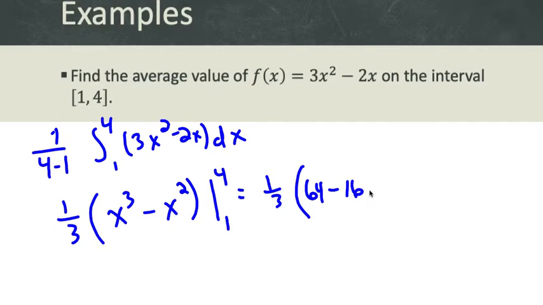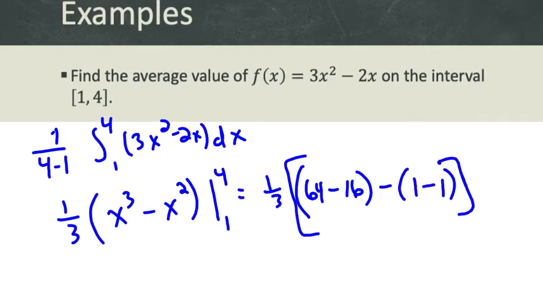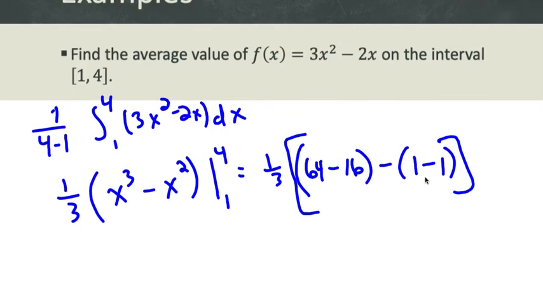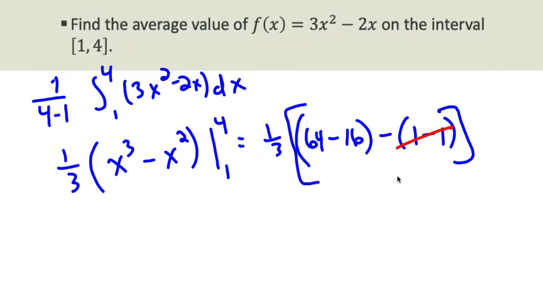All right, so that's my first part. Let me put a bracket around this. That's the first part, plugging 4 in. Minus, let's plug 1 in. So 1 minus 1 is actually going to give me 0. So I don't need to worry about this. Then on our calculator, we're just going to do 64 minus 16.